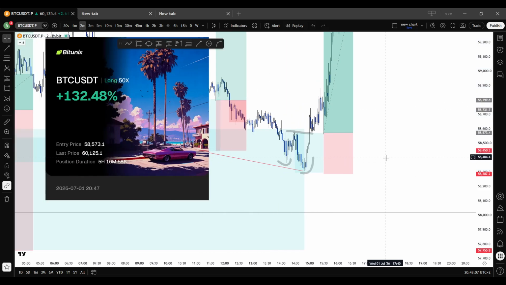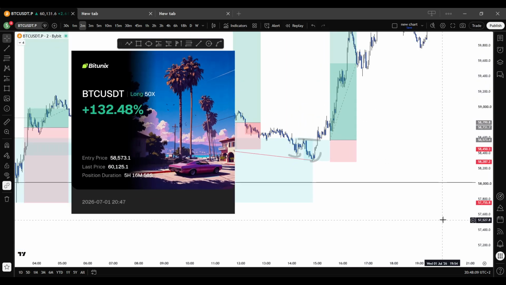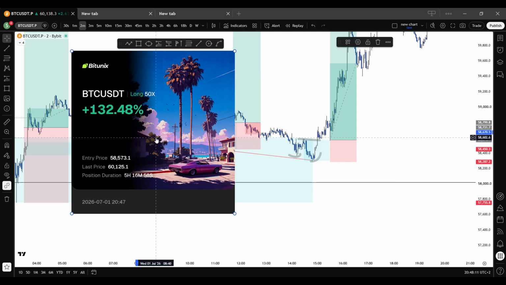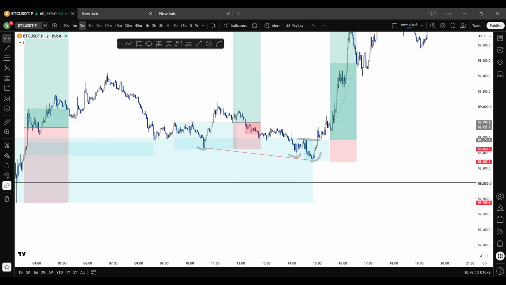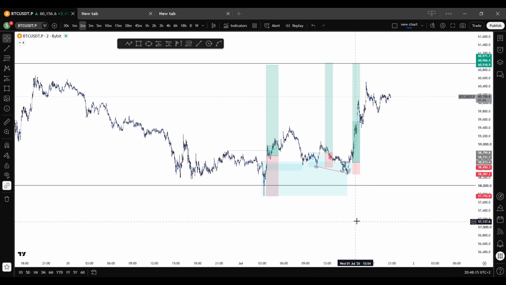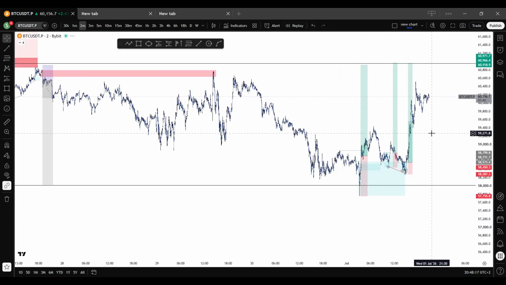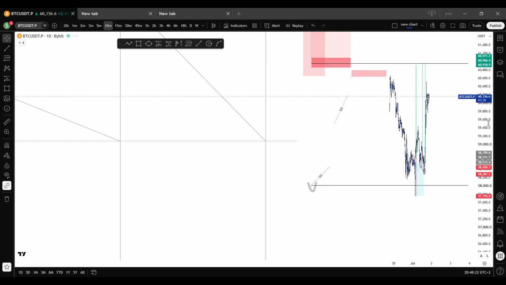Oh yeah, this was my entry, and that's basically where price ended up reacting from, and I'm expecting my TP to get taken. So, quite simple trades.